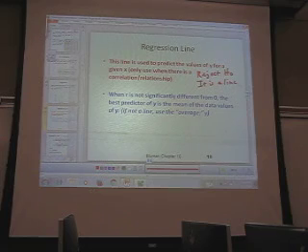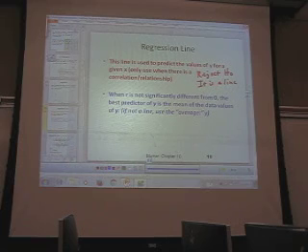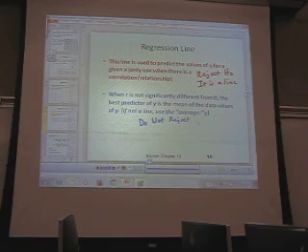Then you use the regression line. Keep going. When r is not significantly different from 0, the best predictor of y is the mean of the data values of y. If not a line, use the average y. In other words, when you do not reject H naught, then it is not a line.